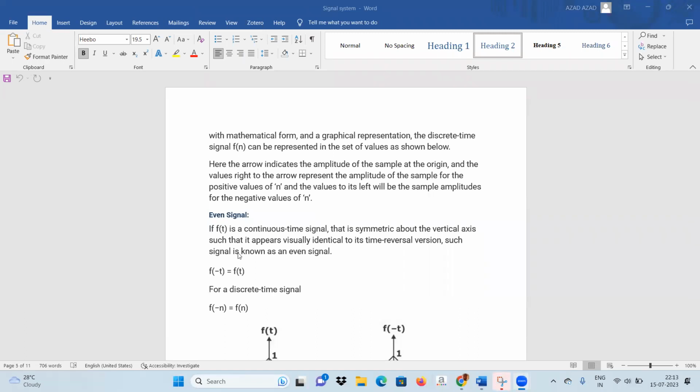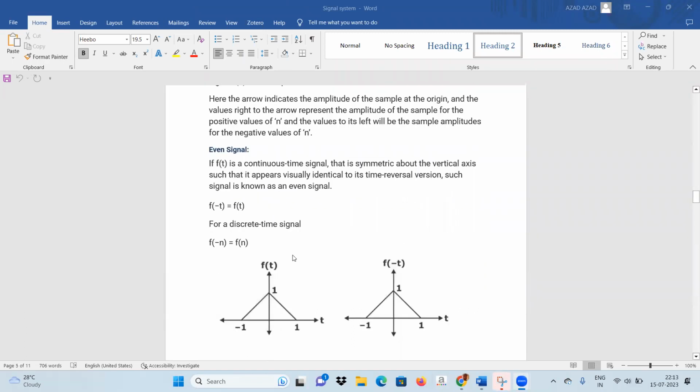Now, come to even signals. Even signals are those signals which have the same value after reversing the sign of t. Assume a function f(t), and if f(t) is equal to f(-t), then this function will be an even signal, otherwise it will be odd, in continuous domain.